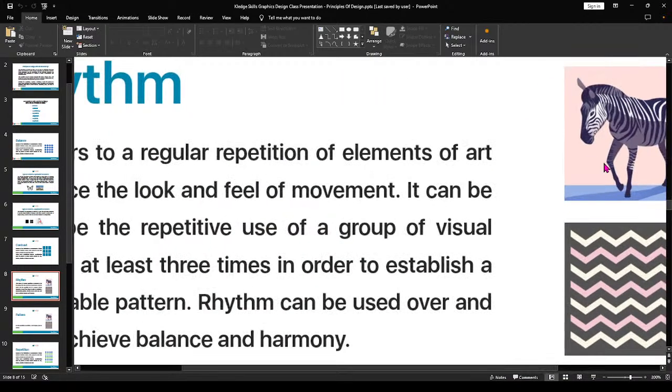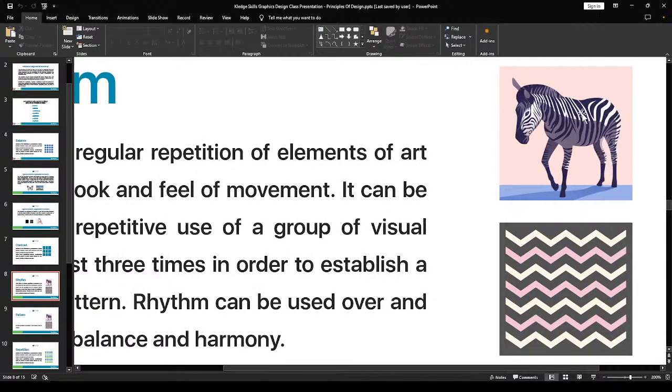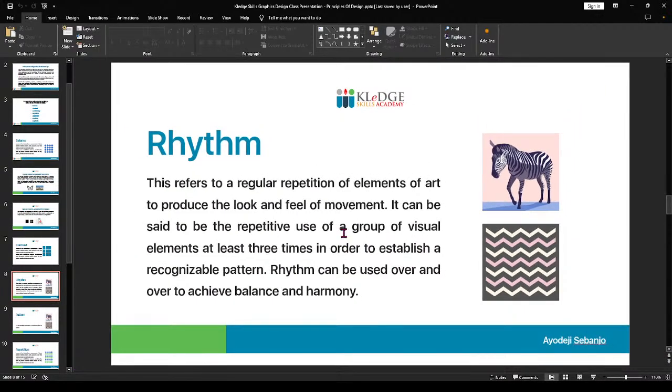This is a rhythm because it is a repetition of certain elements. The stripes are a repetition, but it's a pattern because the flows are different. So like I said earlier on, patterns follow flows, while rhythm only repeats elements.